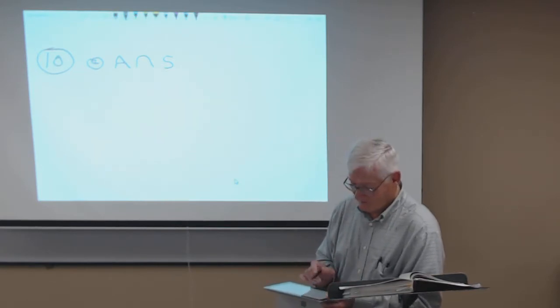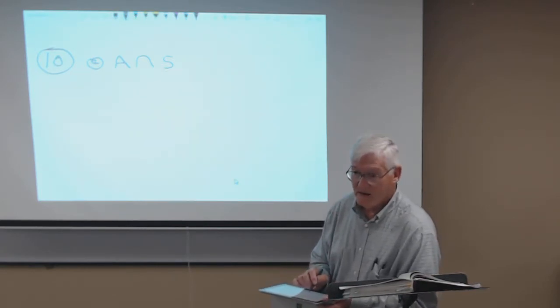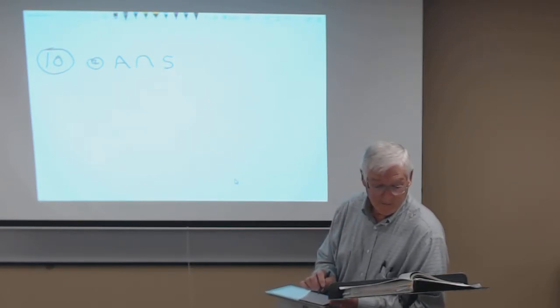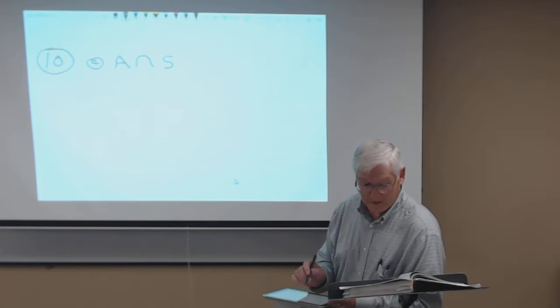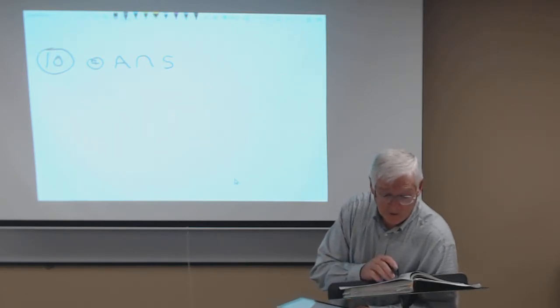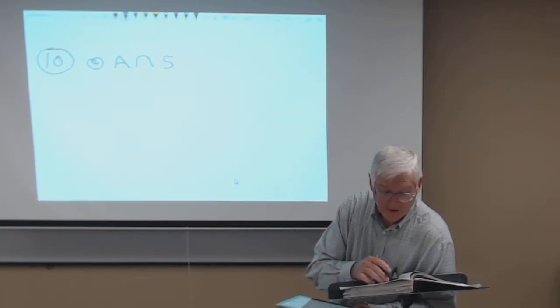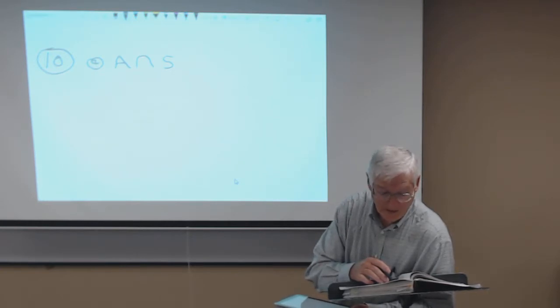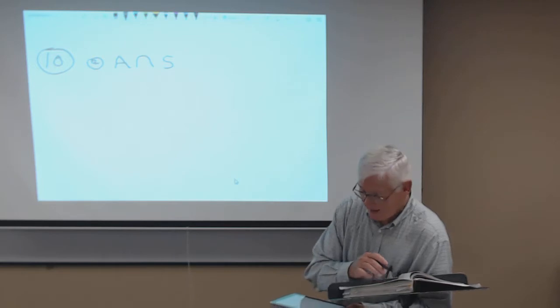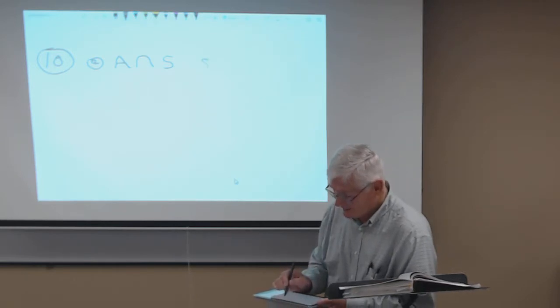A intersects S. Where does A intersect with S? So you go to the A column, you put your pencil on the A column, and you run down till it intersects with the S row. You see that? And what number pops up there? 8. So that's the answer, 8.